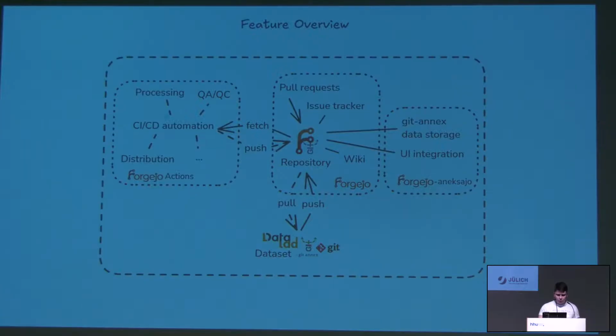I'm going to come back to that later as well. The Forgejo-aneksajo part is really just git-annex storage integration and UI integration of annex-specific concepts like annexed files. And of course, you interact with that with all the usual tools: DataLad, git-annex, git.